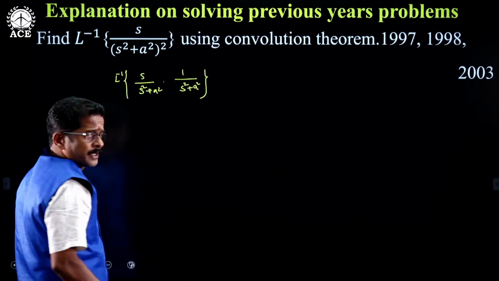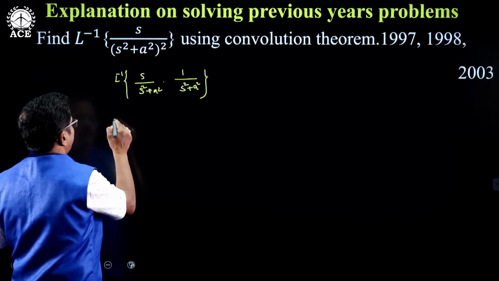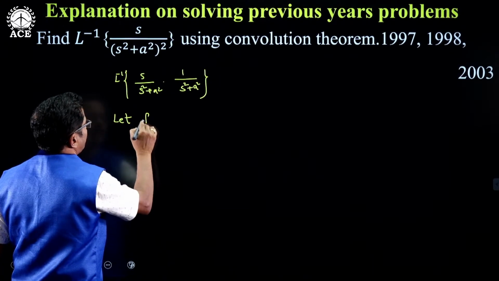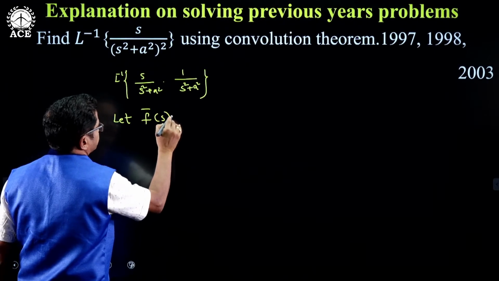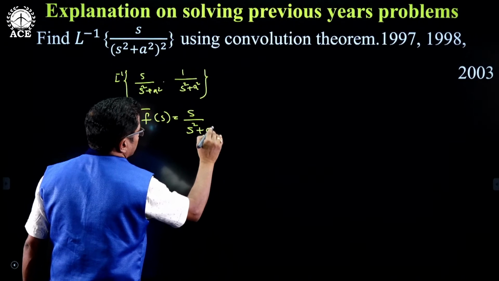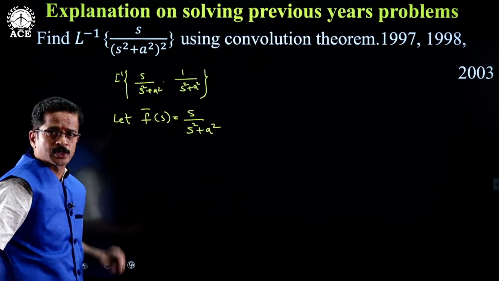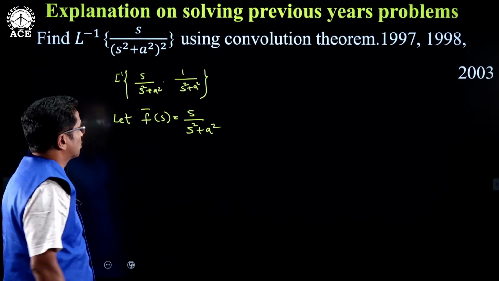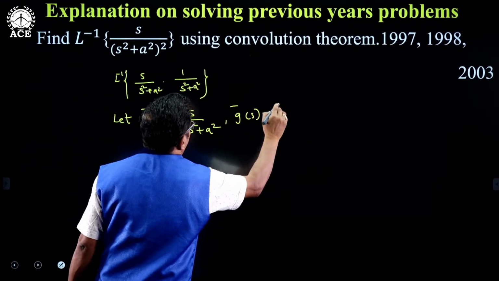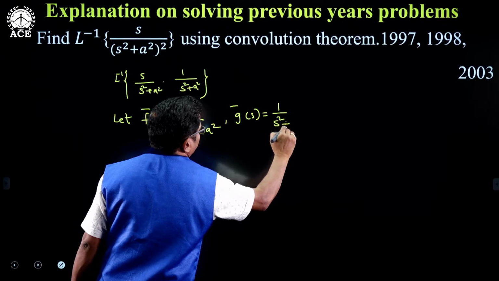So here, let us take f bar of s equals s by s square plus a square. Then g bar of s equals 1 by s square plus a square. You take it like this.